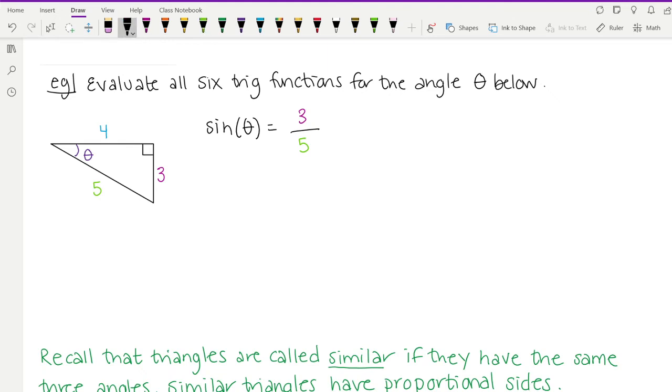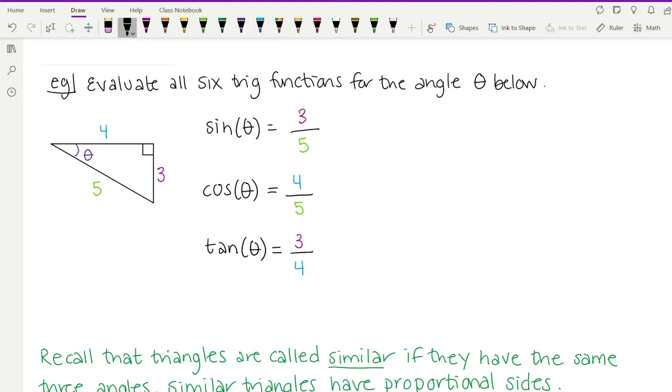And then cosine, well, that's going to be the adjacent side, so that's 4, over the hypotenuse, which is 5. And then tangent is going to be the opposite side over the adjacent side. So the opposite side is 3, and the adjacent side is 4.